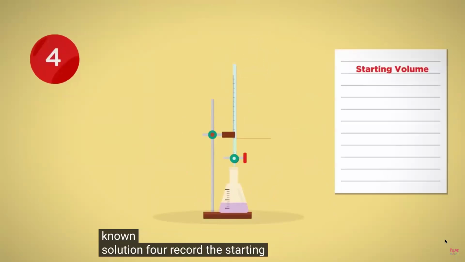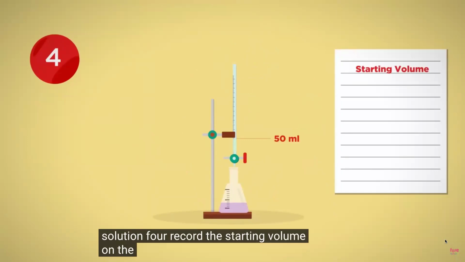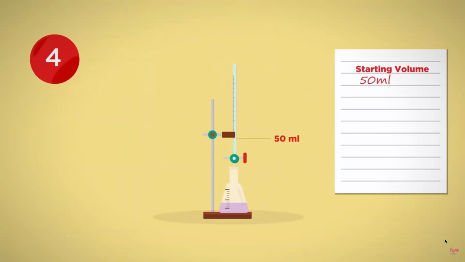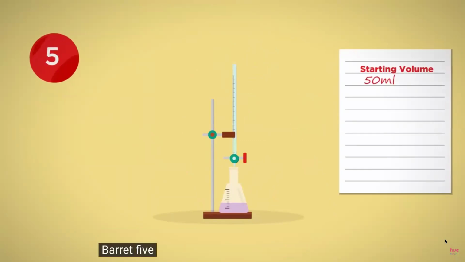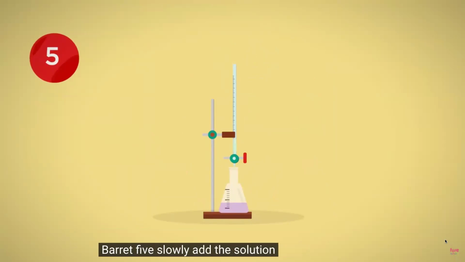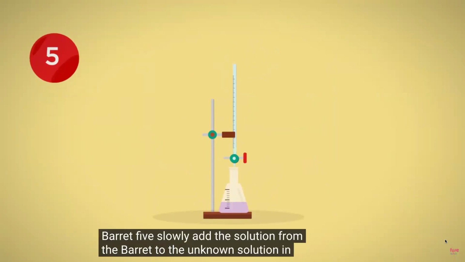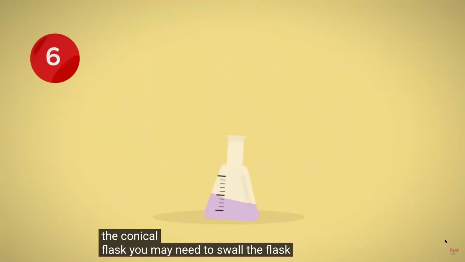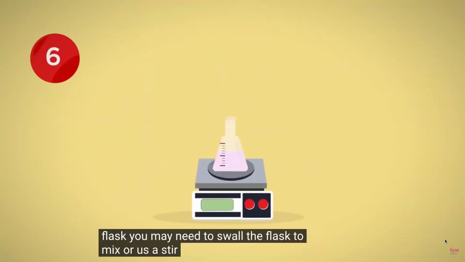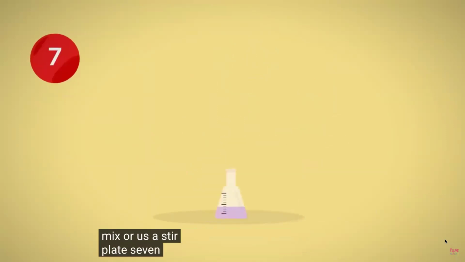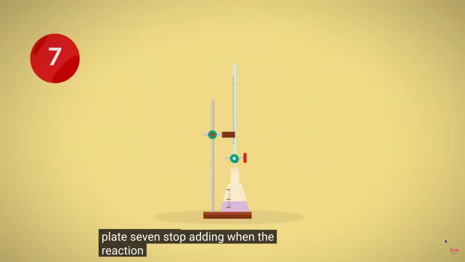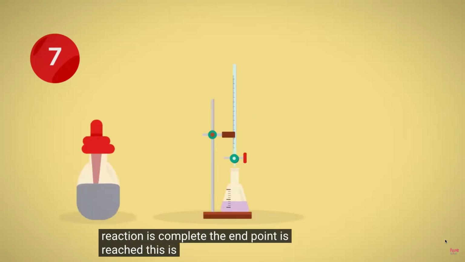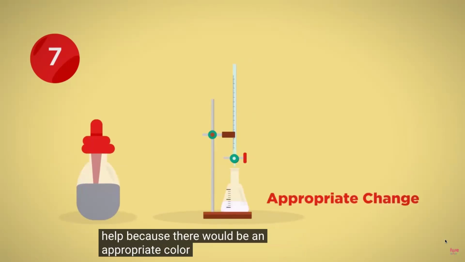Record the starting volume on the burette. 5. Slowly add the solution from the burette to the unknown solution in the conical flask. You may need to swirl the flask to mix, or use a stir plate. 7. Stop adding when the reaction is complete. The endpoint is reached. This is where an indicator may help because there would be an appropriate color change.